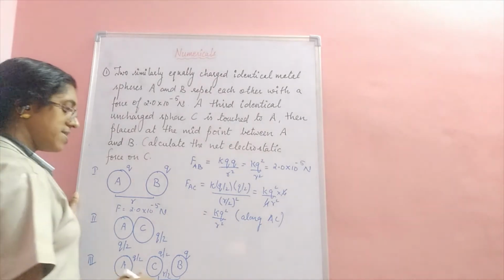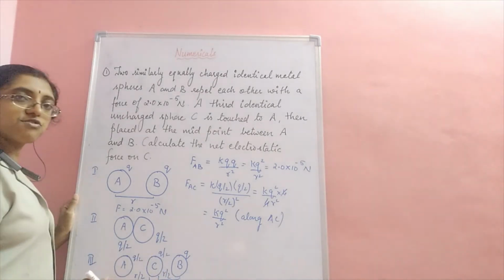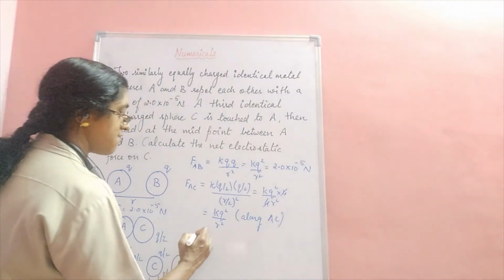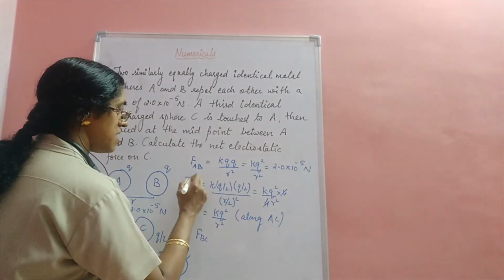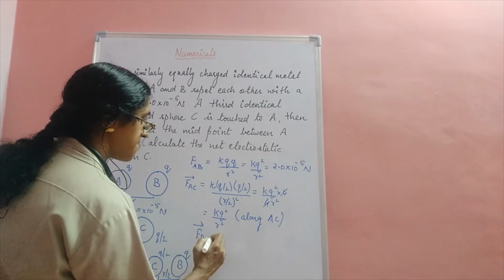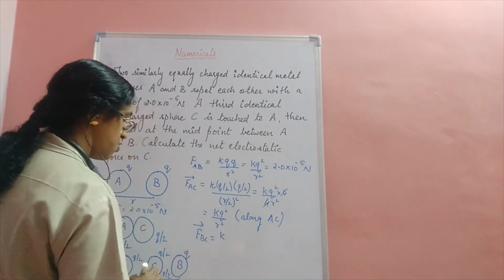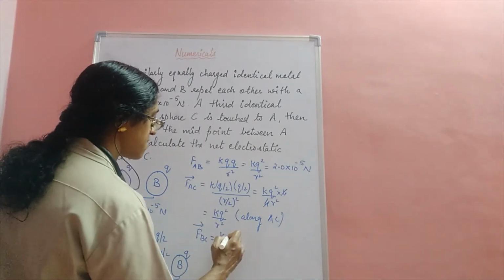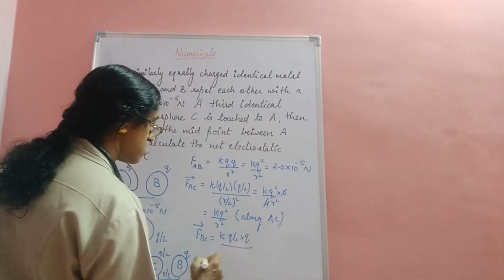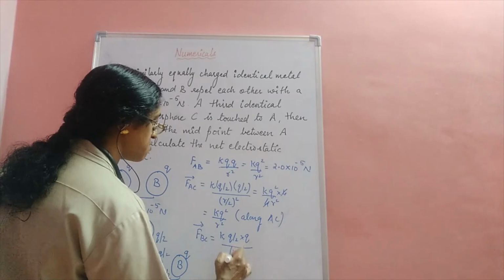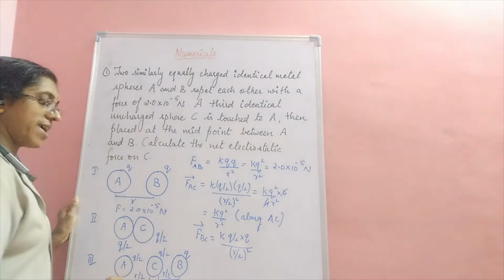Now, similarly, B would also exert a force on C. Hence, the force exerted by B on C would be equal to K, taking the charge of C as Q by 2, into Q, upon the distance between them R by 2, the whole square.